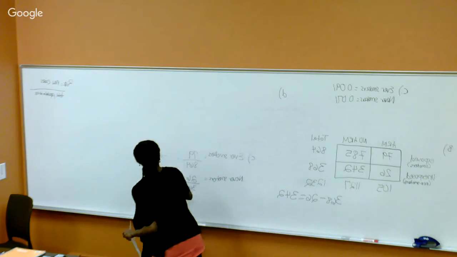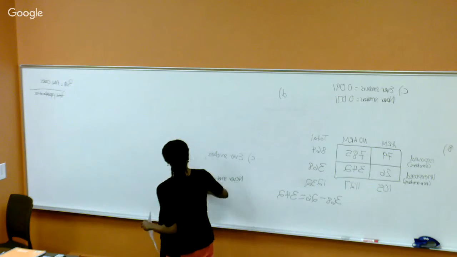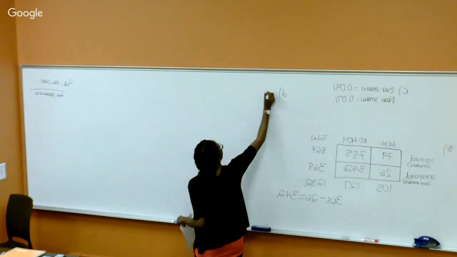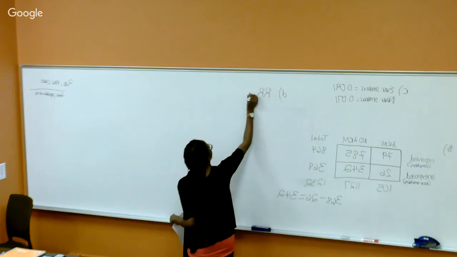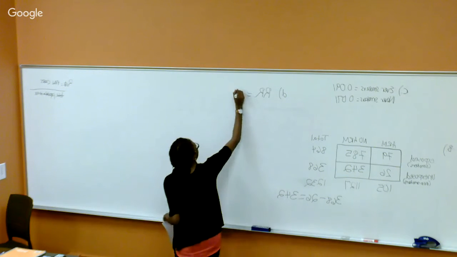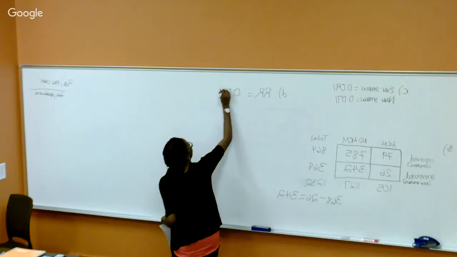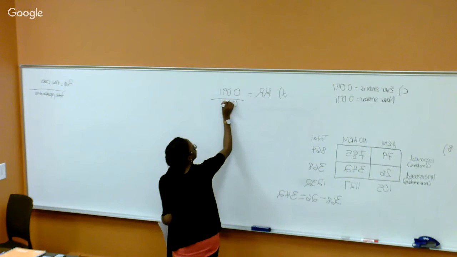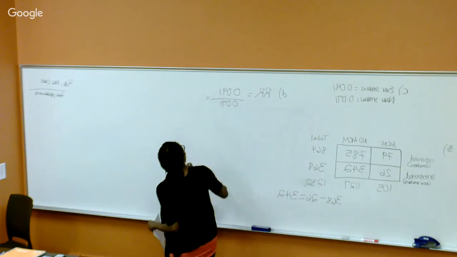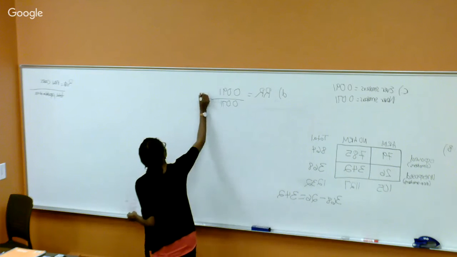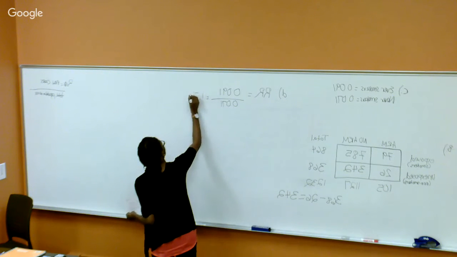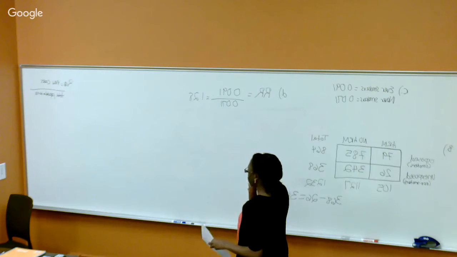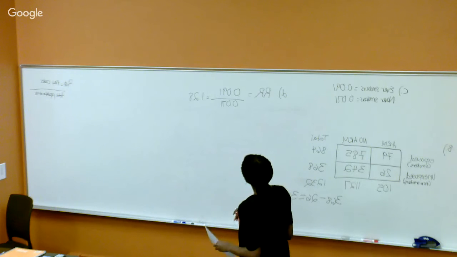So that's 0.091 divided by 0.071, which is 1.281. All right. Does everyone get that?